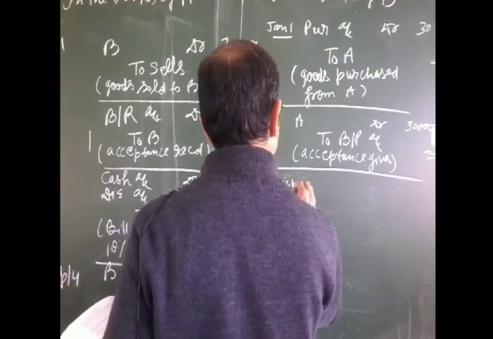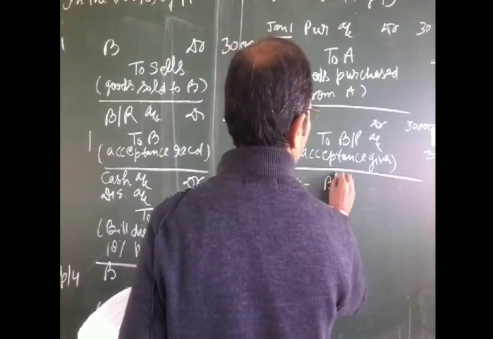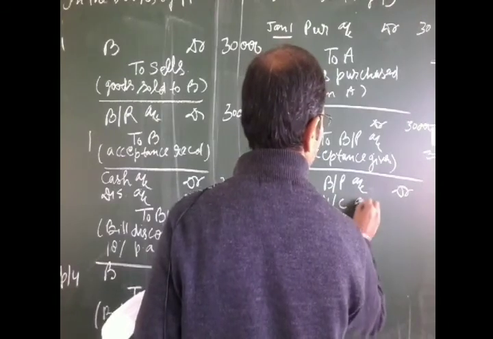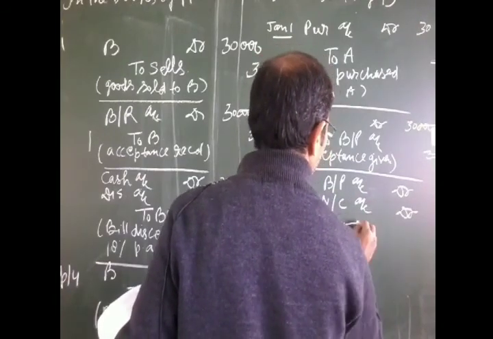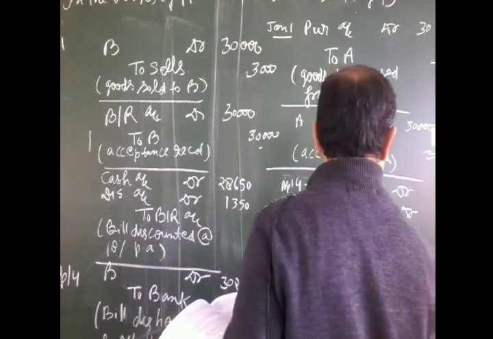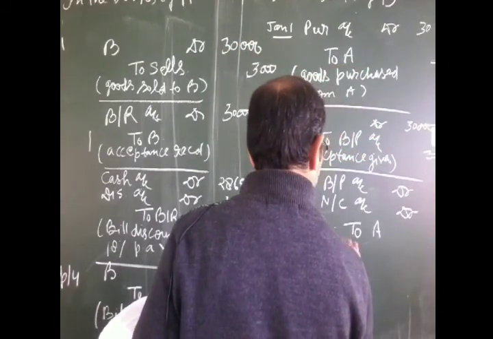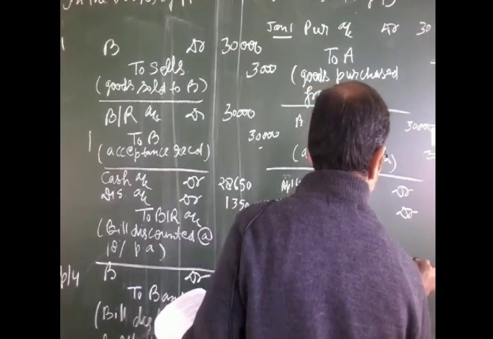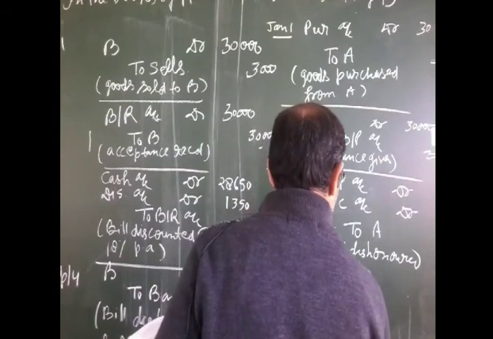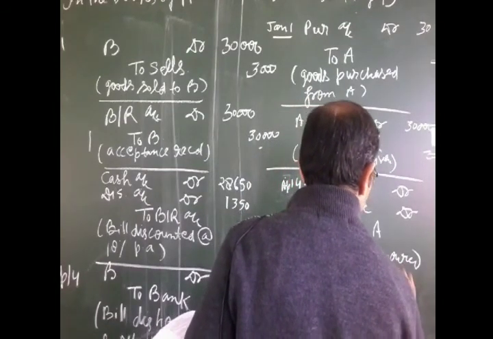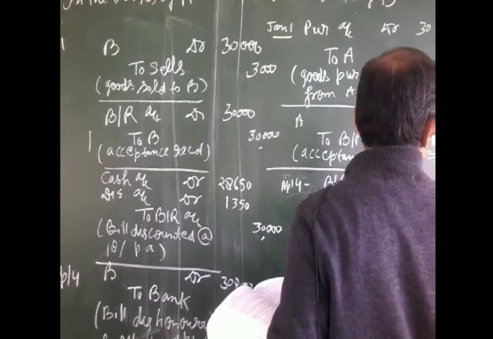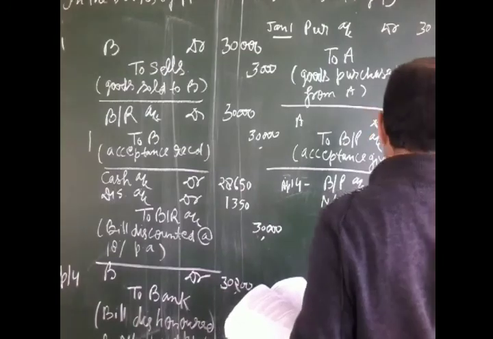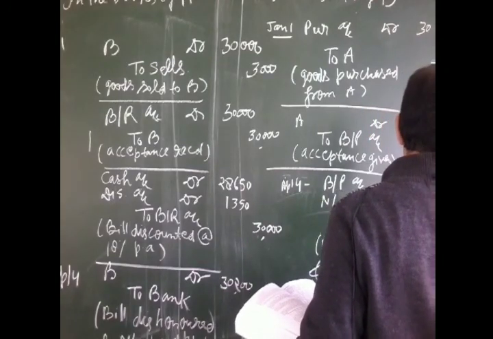April 4, BP account debit, noting charges account debit to A, bill dishonored, and noting charges paid. 30,200 of noting charges, and total amount 30,200.